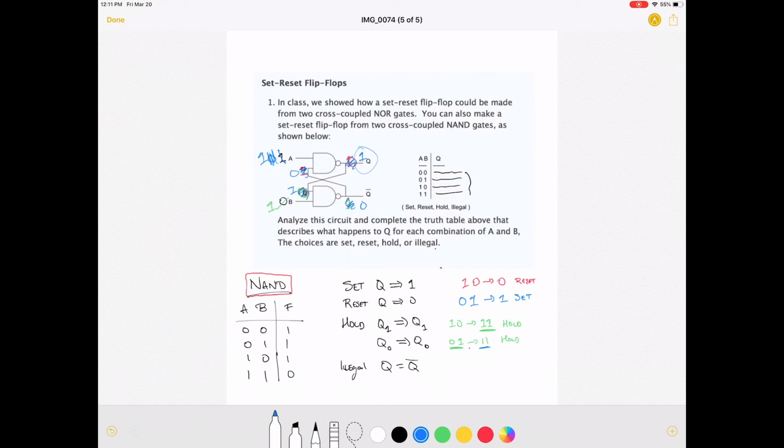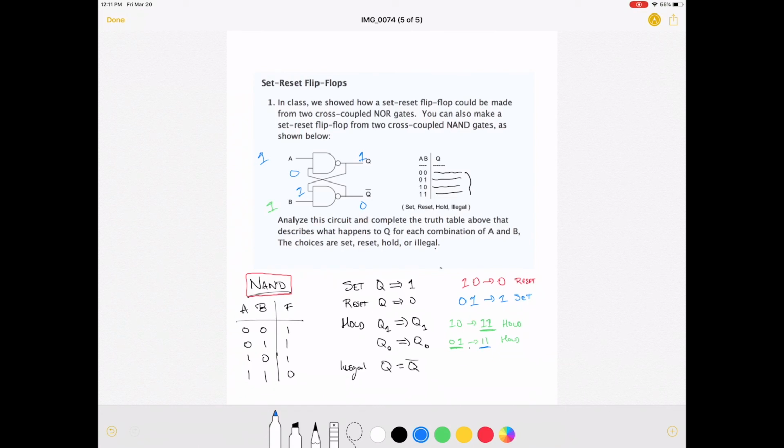Just for practice, let's get this cleaned up a little bit up here. Let's erase some of this stuff. And then this one was a 1. So now, just for practice, right now we have Q as a 1.